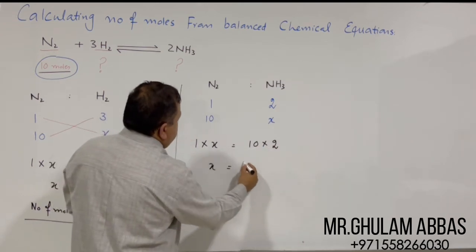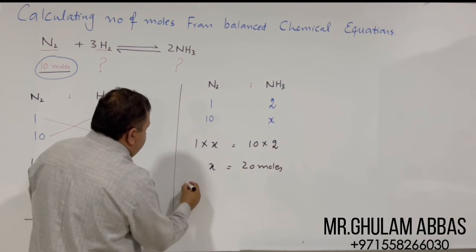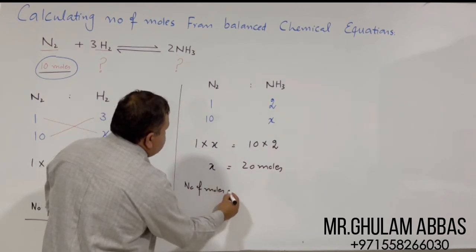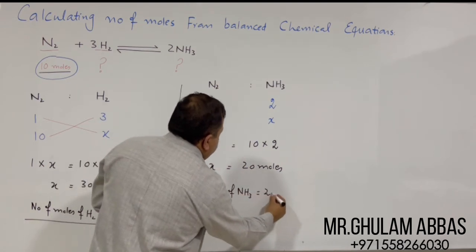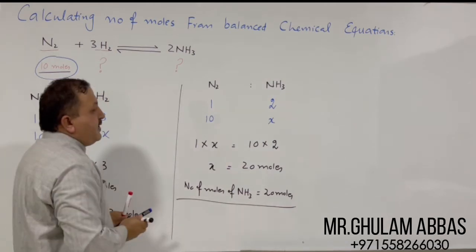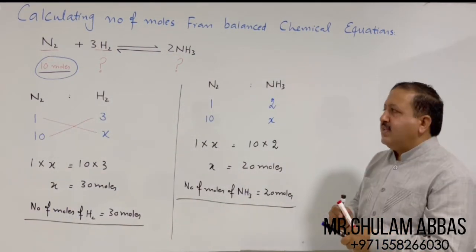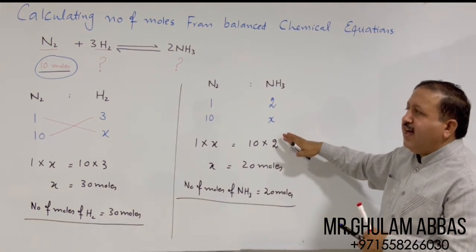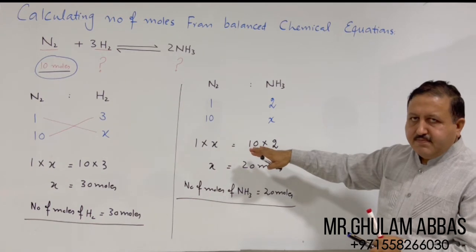X will be equal to 20 moles. So the number of moles of NH3 will be equal to 20 moles. So this is a very simple technique. If the number of moles of one substance is given, we can calculate the number of moles of all other substances by using comparison method.